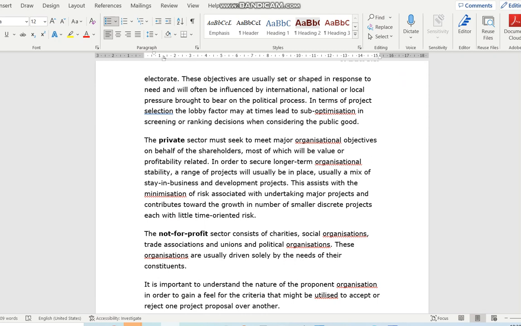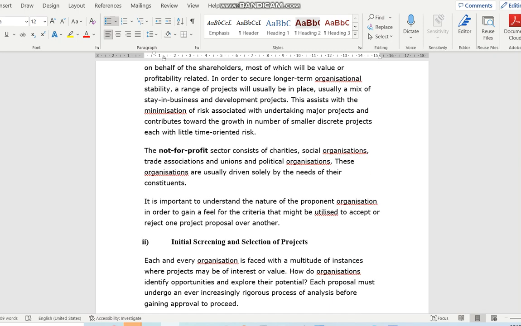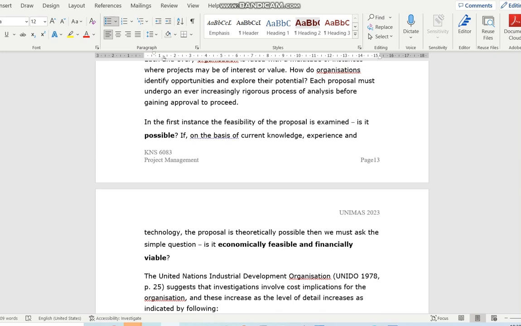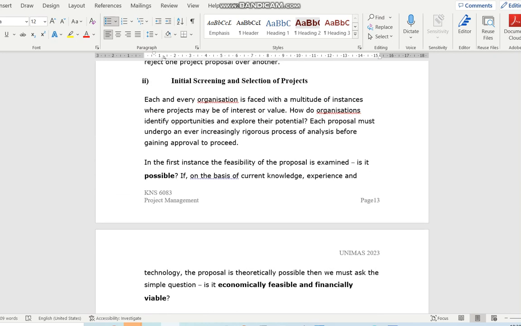So there are different considerations that we have to put into the selection of the project, depending on the organization we are looking at. In this initial screening, we need to understand whether the project itself, the idea itself, is economically feasible and financially viable.